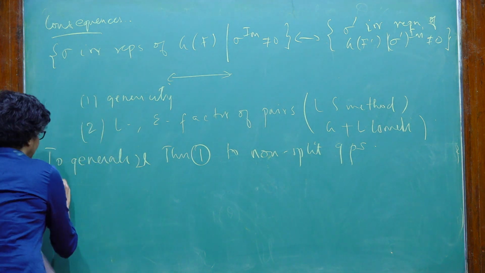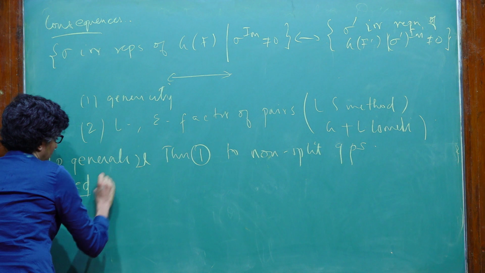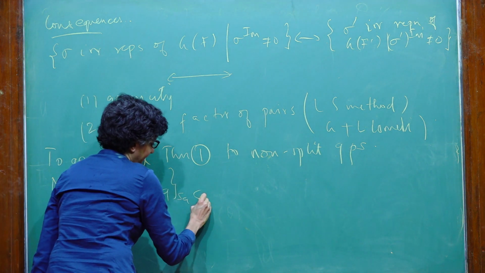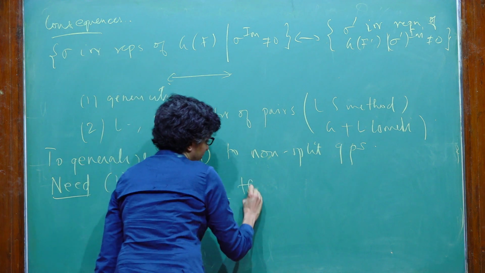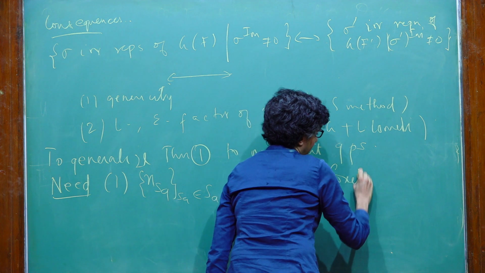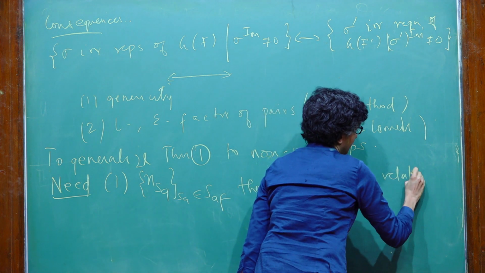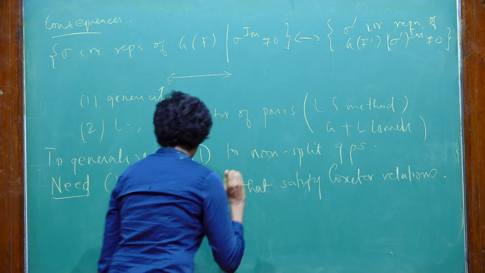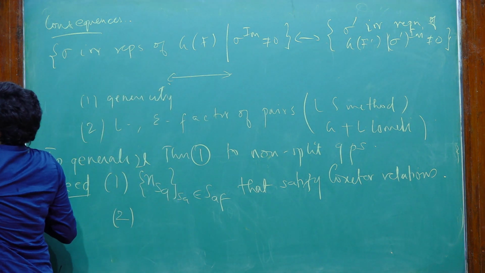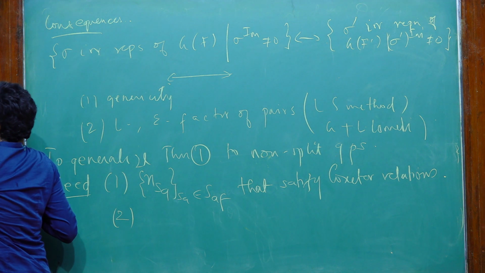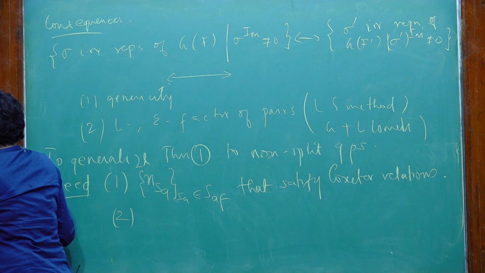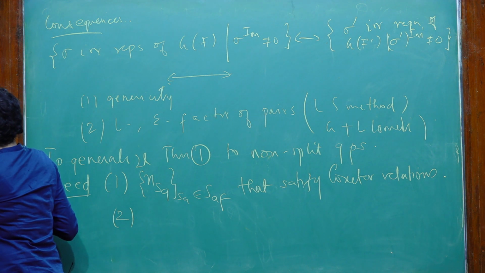we need a set of representatives in SA and SFN that satisfy Coxeter relations. And so yeah, that's the reason I wrote this. You do want to have control over this. It's okay if it's not of order 2, but nevertheless, remember that this lies in T of O, and T of O lies in the Iwahori subgroup.